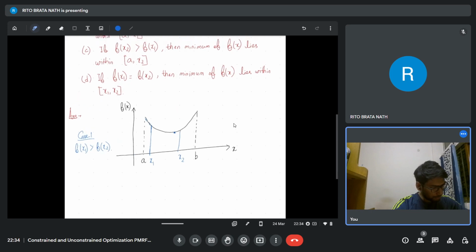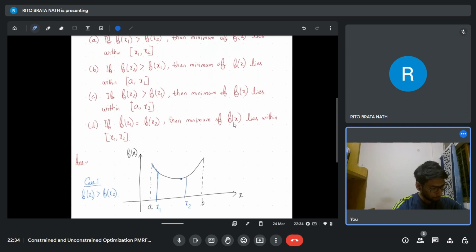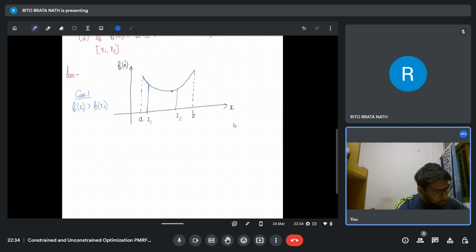So what you can do here is exclude this portion, and work with this new interval x1 to b, and the minimum will lie there. Even if you had picked your x2 somewhere here, you could have just excluded the left portion, from a to x1, and the rest of the portion could include your minimum point.